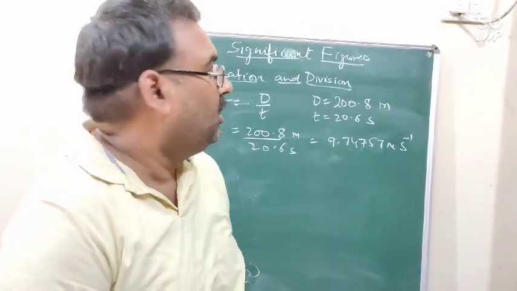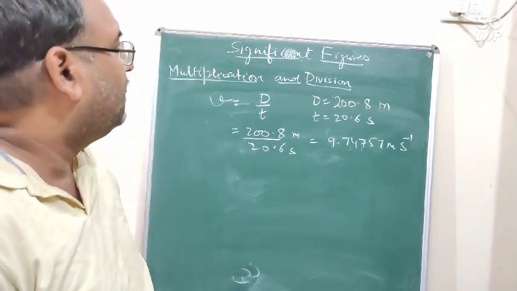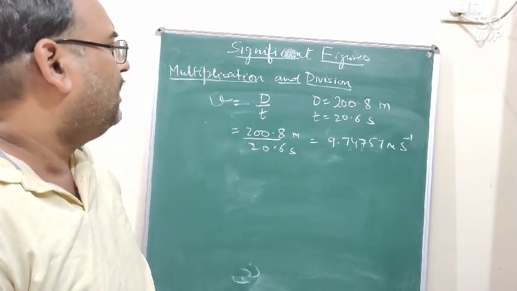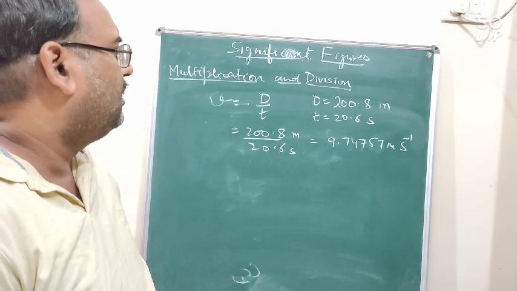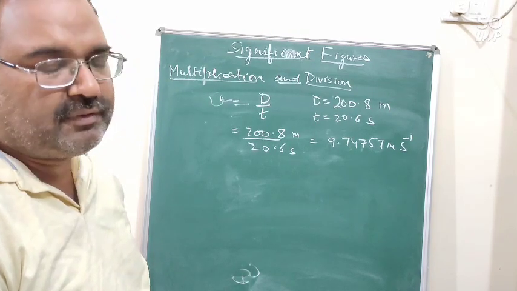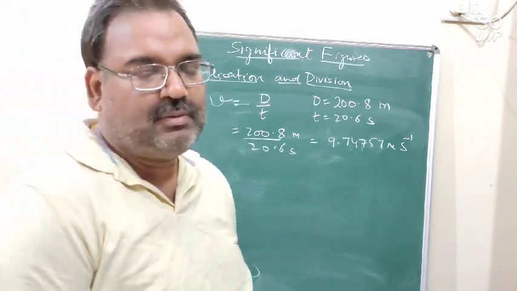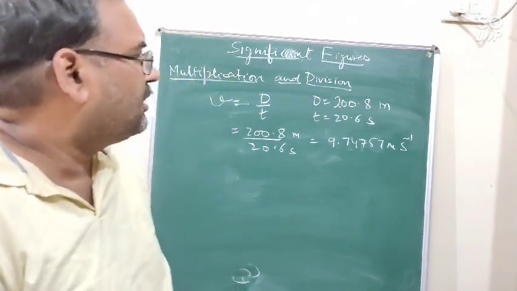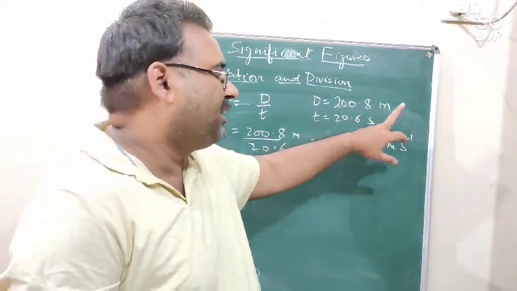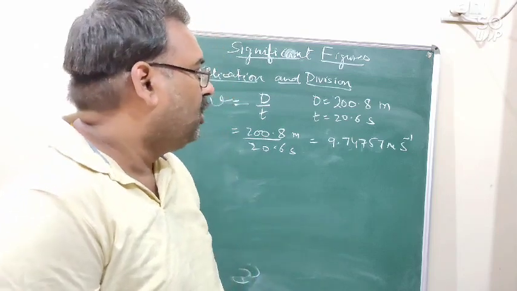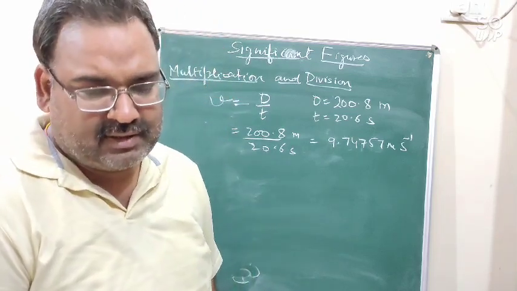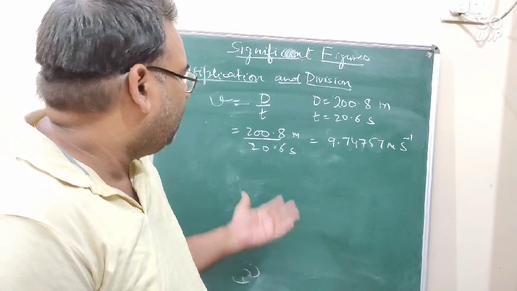Now we will take another example for the division. Let us find out the velocity. The formula for velocity is distance upon time or displacement upon time. Let the displacement be equal to 200.8 meter and the time equal to 20.6 seconds. So we have to put these values in here.